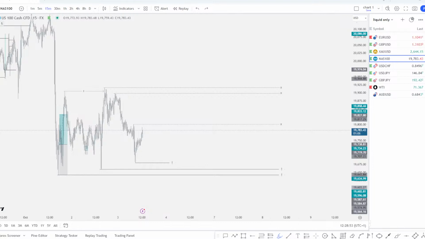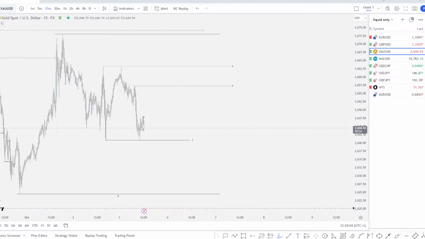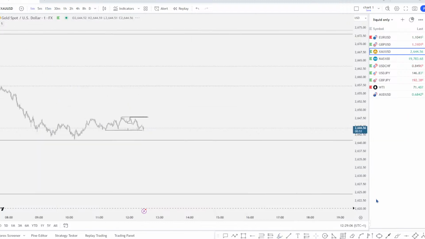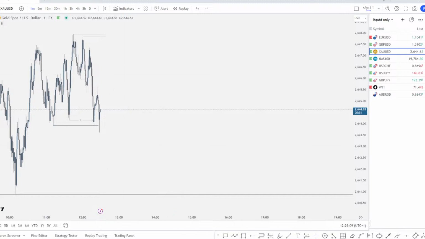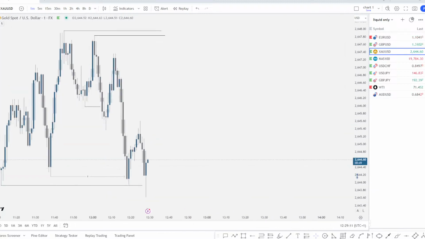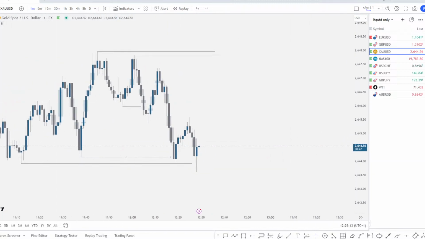Okay, guys. Gold heading down for a possible reversal if we sweep. Yes, this is exactly what I'm looking for. So notice the same thing here. This is what I was saying before. Notice how we've had the same thing every time. You sweep a major low, you go high.